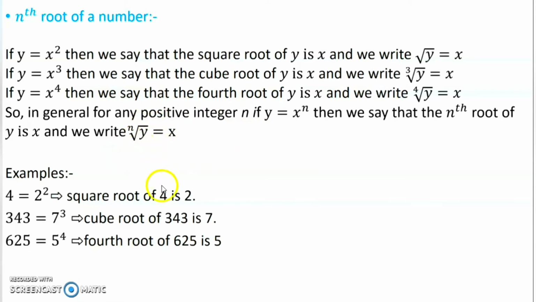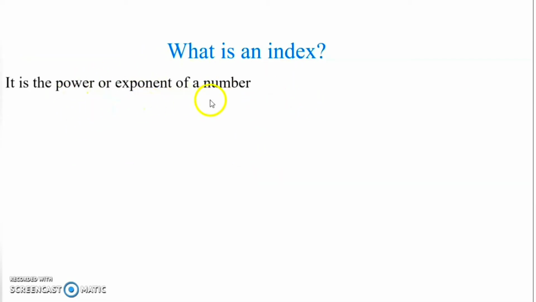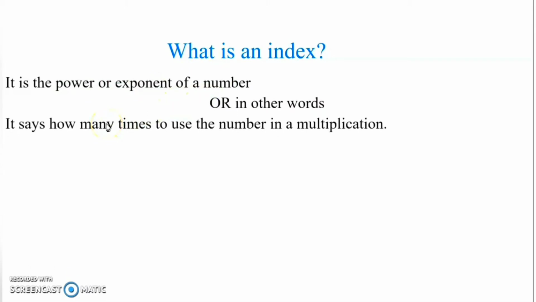Now I'll go to the definition. What is an index? It is a power or exponent of a number, or in other words, it gives you how many times you should multiply a number in a multiplication. I'll explain by giving an example.